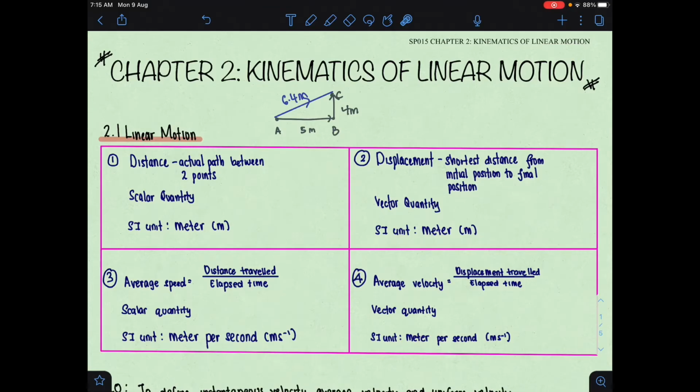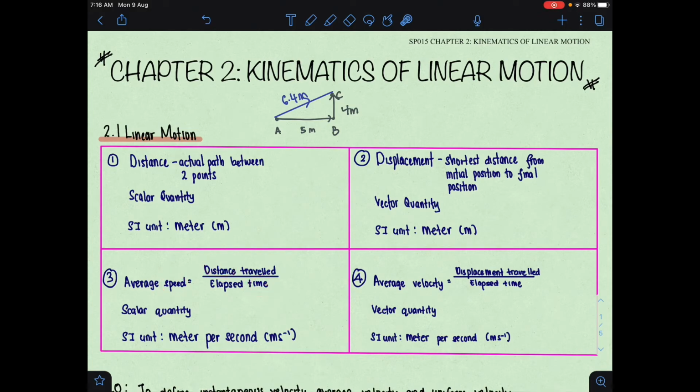Okay, next thing that we're going to look at is the average speed and also average velocity. Okay, average speed is defined as, or in equation, distance traveled divided by the elapsed time, or the total time taken here. So to find speed, what you do is you take distance, you divide by the time.